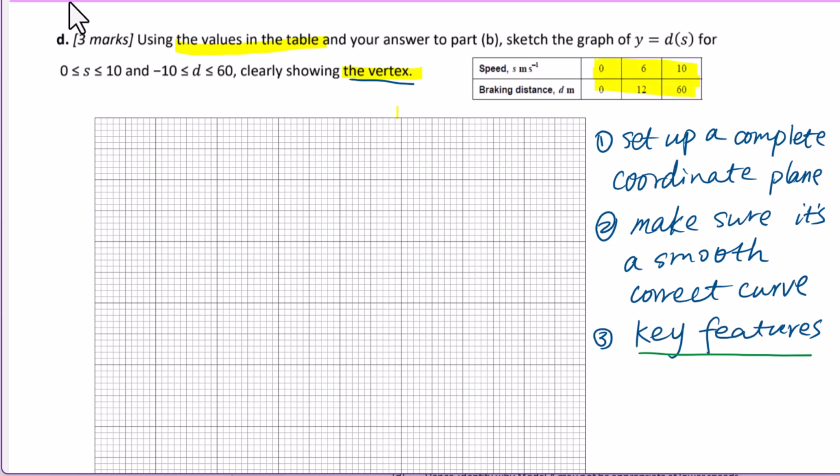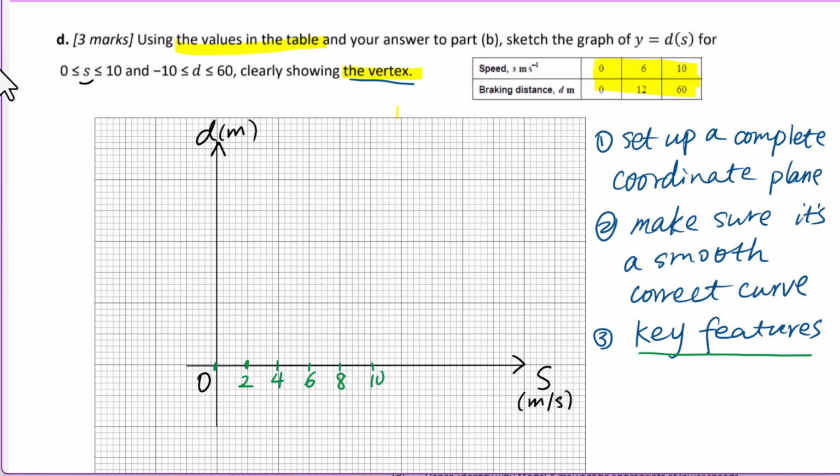First of all, let's set up a coordinate plane. Origin. In this question, speed is x, distance is y. Don't forget the units. Speed is from 0 to 10. It didn't tell us the scale, so we create the scale as we like. Let's do 2, 4, 6, 8, 10.